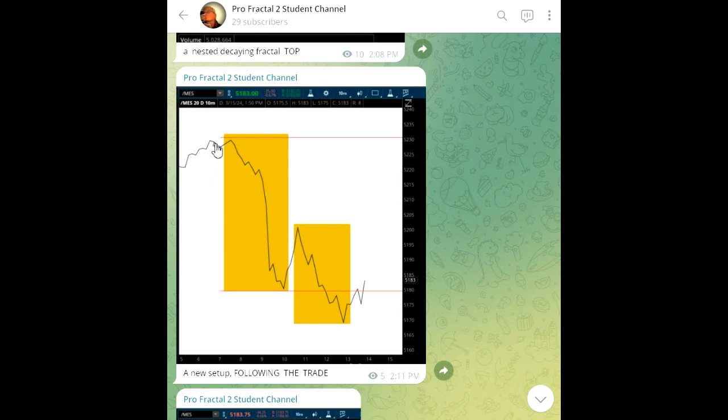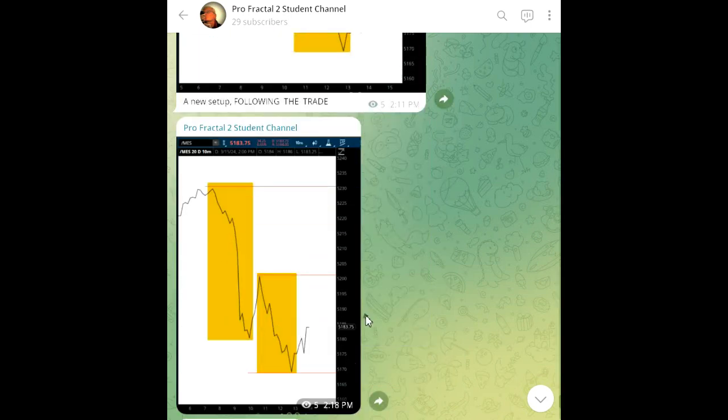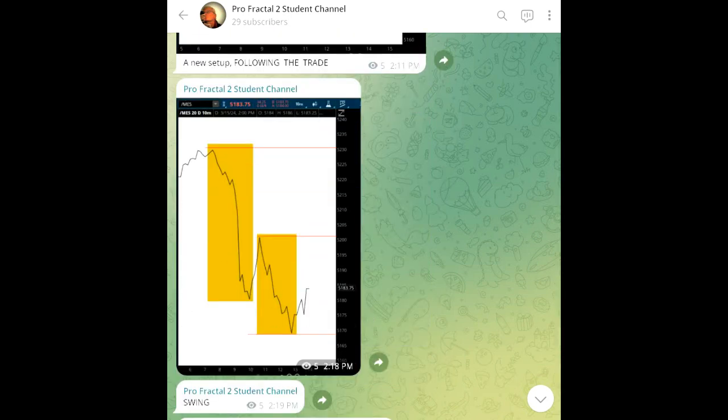And there's our growth fractal, an attempt to rally, then back down again. Now, the fractals appear every hour. We have a growth fractal here, and then it rallied, broke, and then we had another growth fractal.